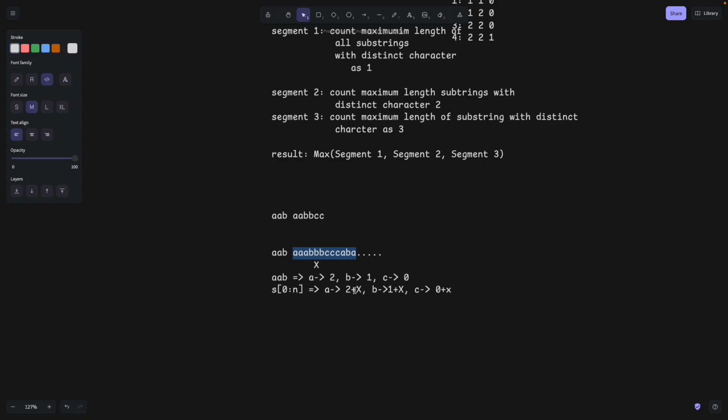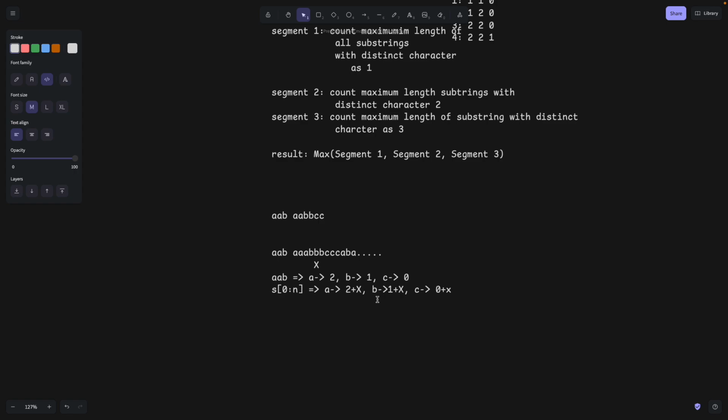Before the start and at the end, the difference is going to be the same. Pick any of the characters, either A, B, or B, C, or A, C. The difference is going to be the same, because the count of each character is the same for the substring. So subtracting them will subtract this common count X between them. So the difference is going to be the same.